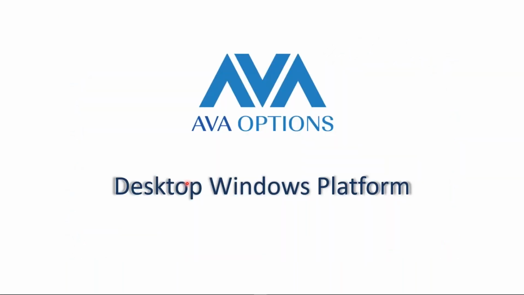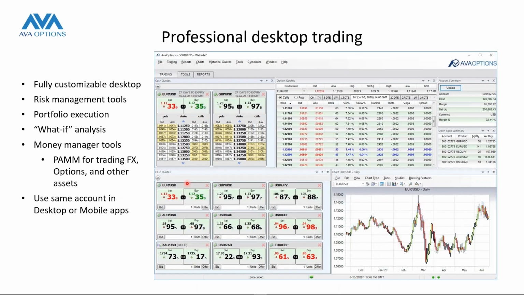We also have a desktop Windows platform, which I'm not going to review too much, but it also has these same measures. It's a bit more old school, a lot of numbers, but it's a little hard probably to see on your screens, but we show the delta of each option, in what's called an option chain or a full list of the options.